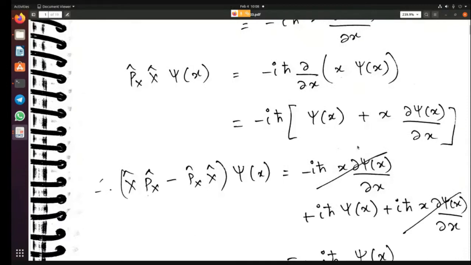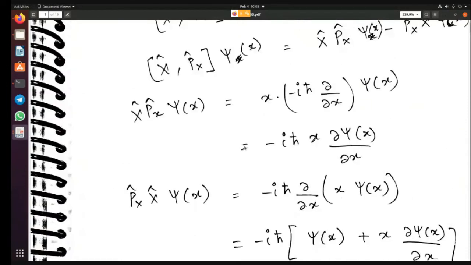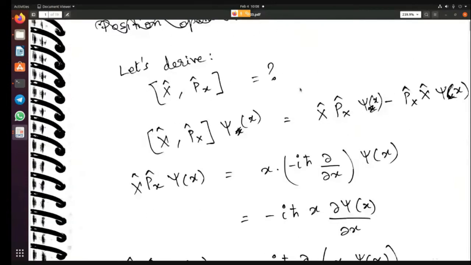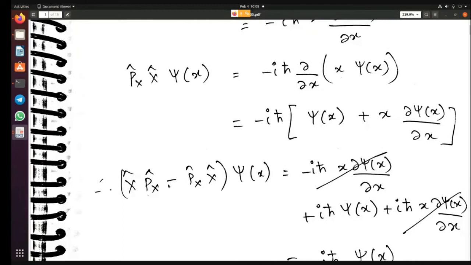Now you just substitute these two terms into this equation. What do you get for x px minus px x acting on psi of x? You get minus i h cross x dou psi by dou x plus i h cross psi of x plus i h cross x dou psi by dou x.